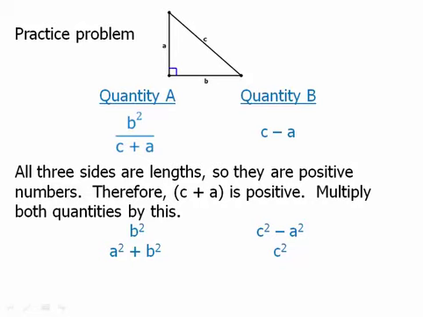C is the hypotenuse. And of course, Mr. Pythagoras guarantees that for any right triangle, A squared plus B squared would have to equal C squared. That is the Pythagorean theorem. So these two columns are always equal as long as the angle is a right angle. And of course, the diagram does guarantee that it's a right angle. So always equal, the answer is C.